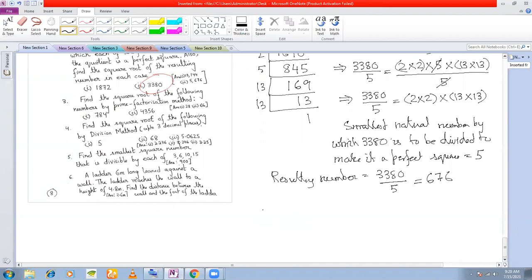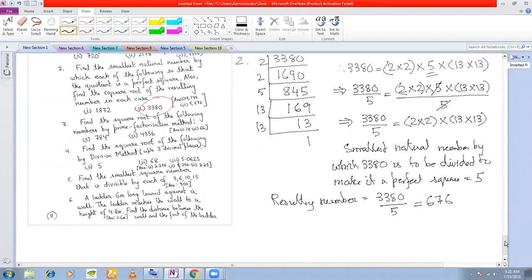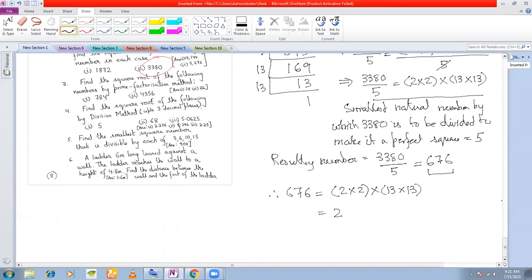So now the next question says, what is the square root of the quotient? So we'll find out the square root of this number. So therefore, what can you write? 676 has been written above as 2 into 2 into 13 into 13, which is equal to 2 square into 13 square, which is equal to 2 into 13 whole square.